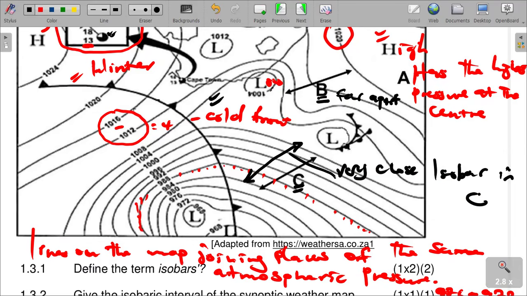So what we need to say is that this shows the pressure gradient is steeper in area C, unlike area B. The pressure gradient in area C is steeper, and the pressure gradient is weaker in area B.